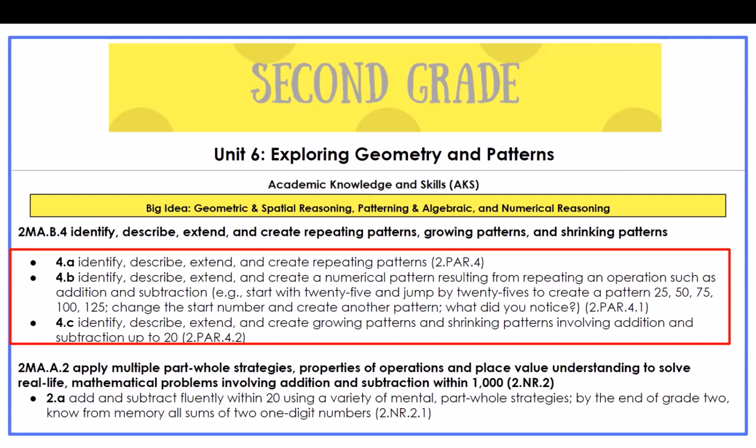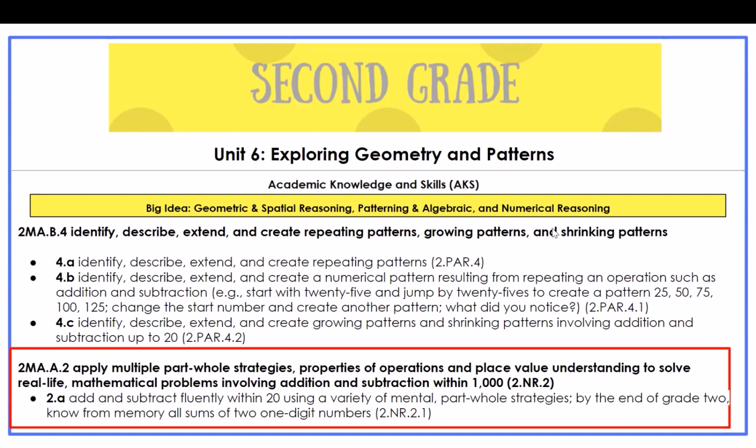In addition, we will dig into repeating, growing, and shrinking patterns through IOA 4A and IOA 4C. Remember that patterns are a new standard for second grade, and this work is interwoven throughout our curriculum, both implicitly and explicitly. It will set the foundation for students as they begin to learn about patterns found in multiplication in third grade.